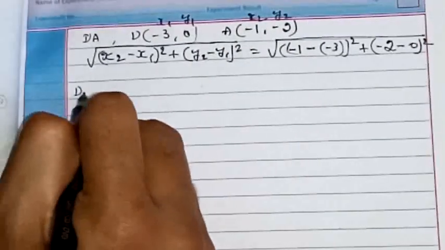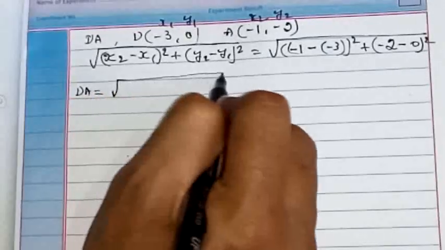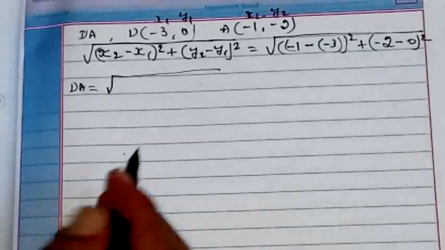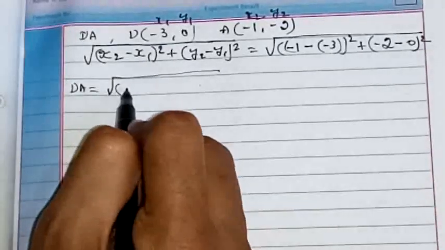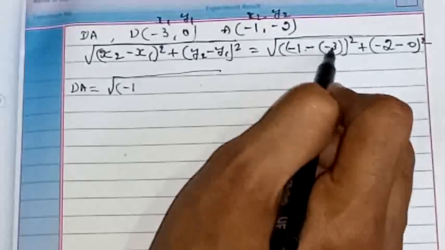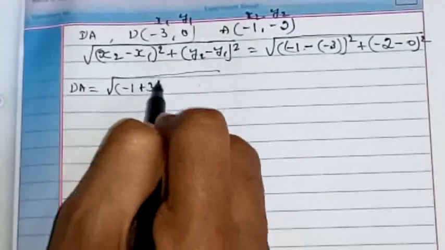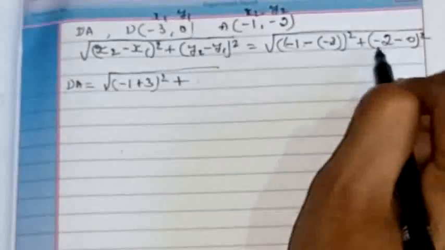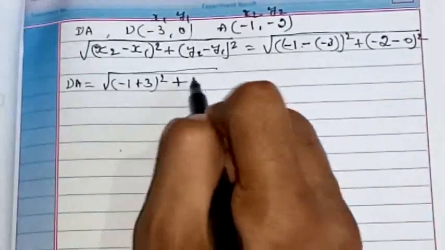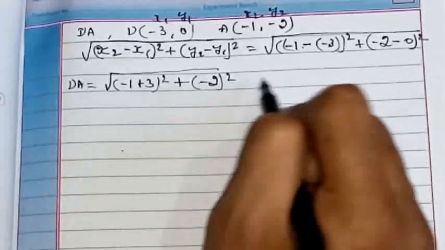So therefore DA is equal to square root of, so now you need to open the bracket, so write down minus 1 as it is. Minus into minus is plus 3 whole square, plus, if you subtract, minus 2 minus 0 is nothing but minus 2 square.